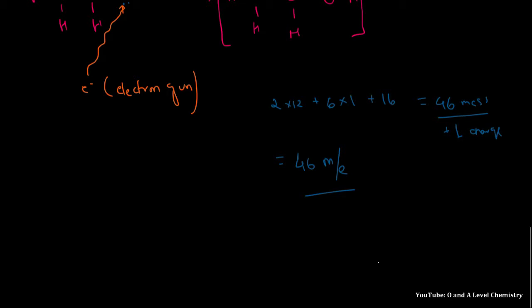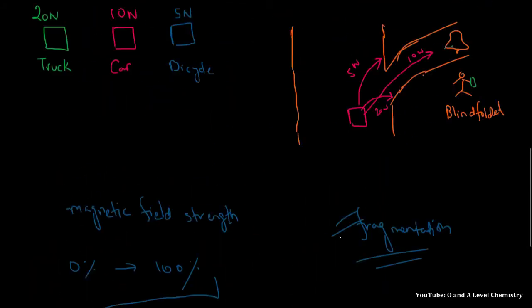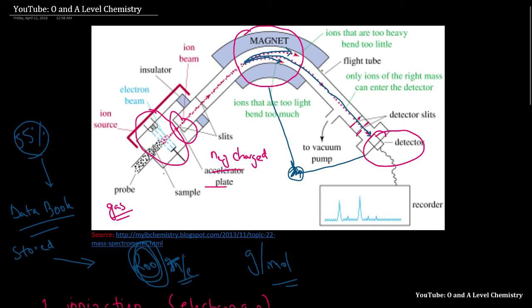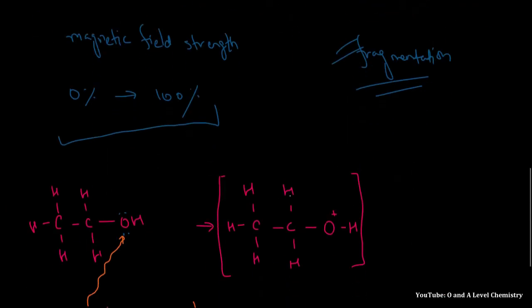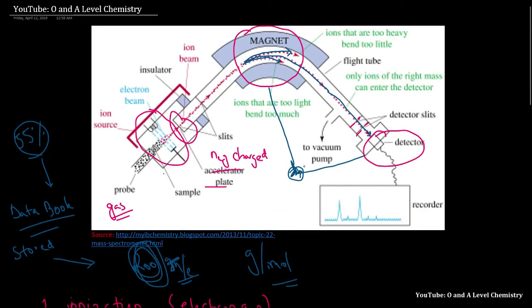The reason we call it mass by charge is because of the deflection by the magnetic field here, which is very crucial to this. Again, if you haven't seen this, it is highly recommended that you go back and see the first video I did on mass spectrometers. If your sample has more than one positive charge, it's going to be deflected way more than usual by the magnetic field.